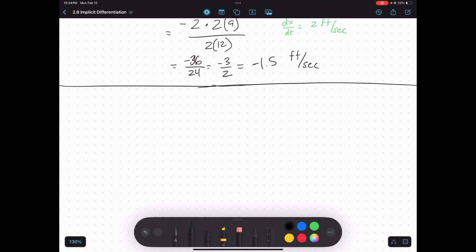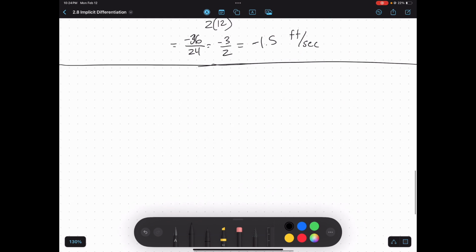Okay, so let's see if I can generalize implicit differentiation. Let's break it down to its simplest form here. So let's say you have some function of a variable y, but you want to take the derivative in terms of x, right? In terms of a different variable.